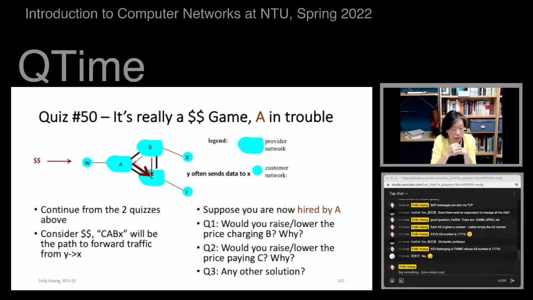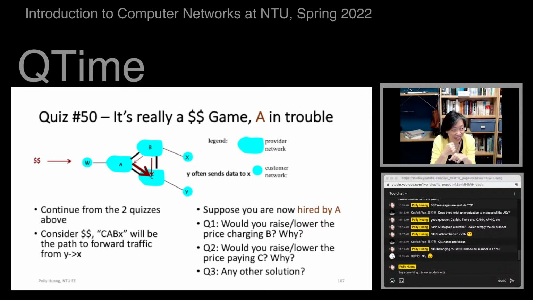And now consider the money. CABX will be the path to forward traffic from Y to X, because that way C profits the most, right? But hey, poor A.